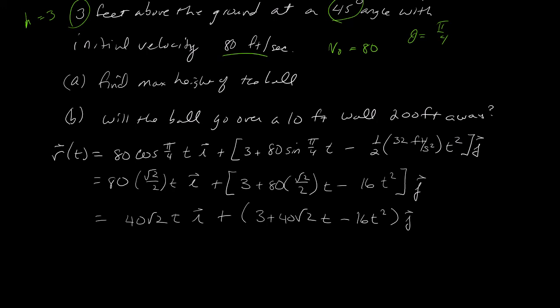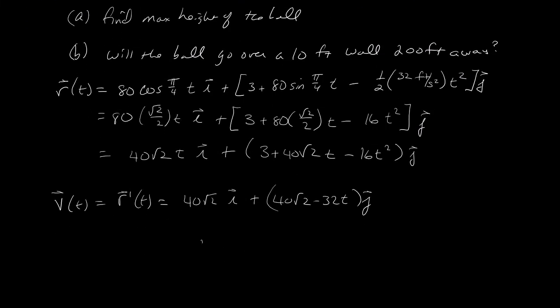Okay, so now we need to find that velocity vector so that we can find where it stops moving up and begins to come down. That'll be the maximum height. So when the velocity's vertical component is 0. So v of t is, of course, equal to the derivative of r of t. So that's going to be 40 root 2 in the i direction plus 40 root 2 minus 32t in the j direction.